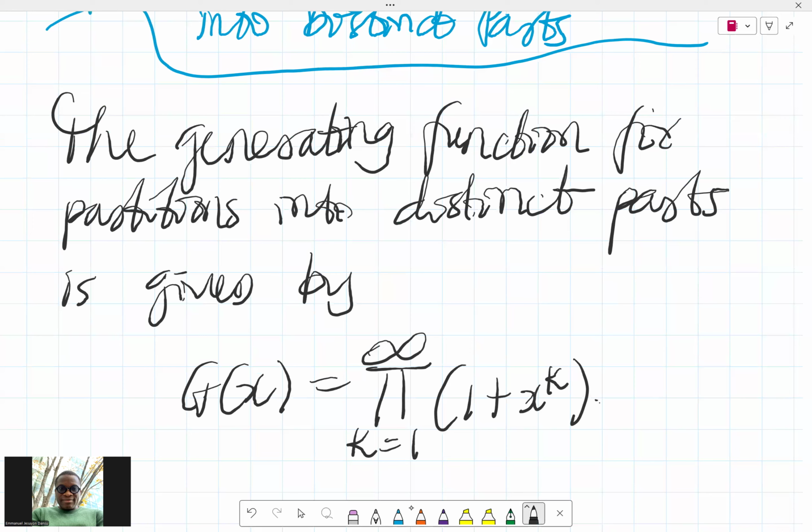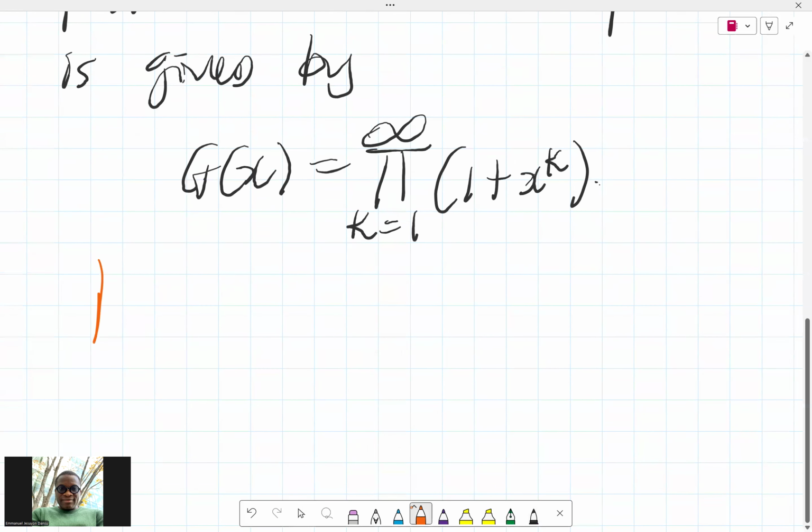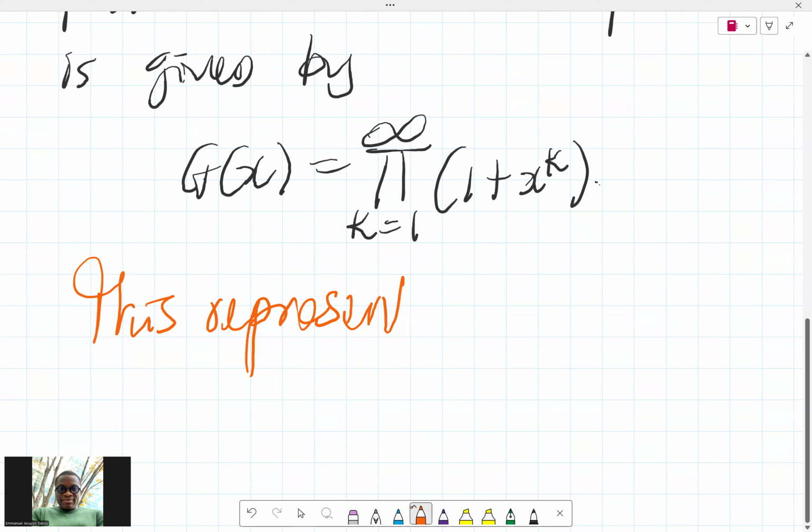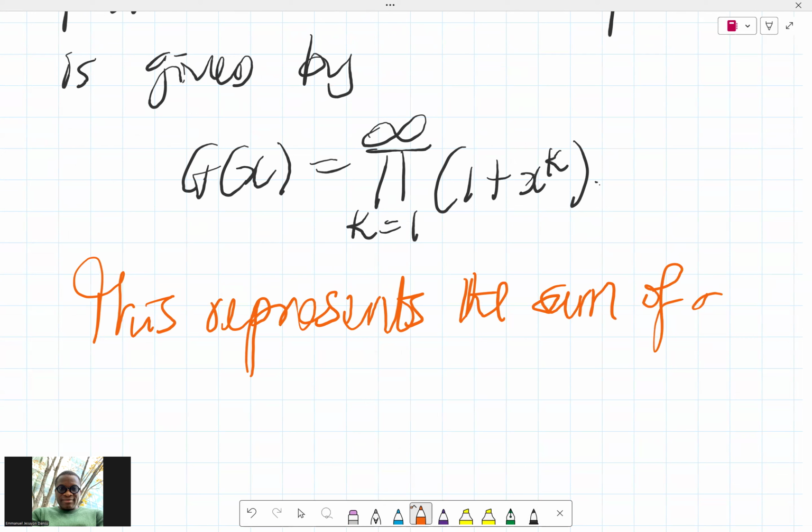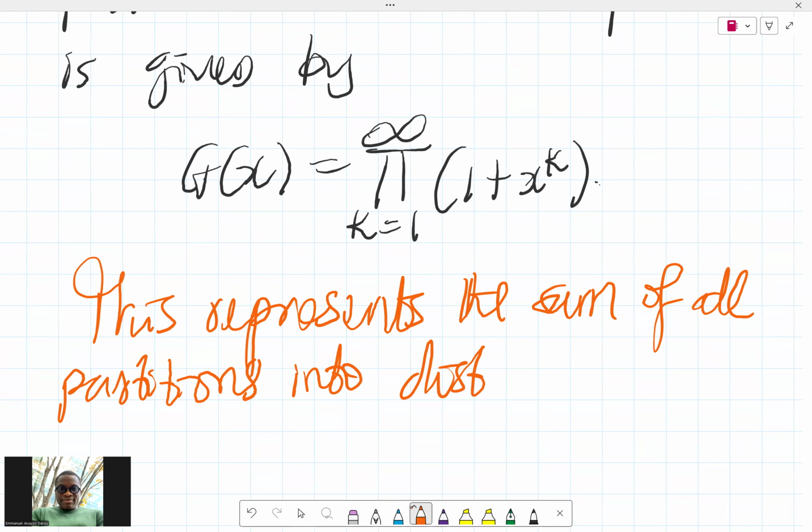Now, this actually represents the sum of all partitions into distinct integers. So that's the first step.